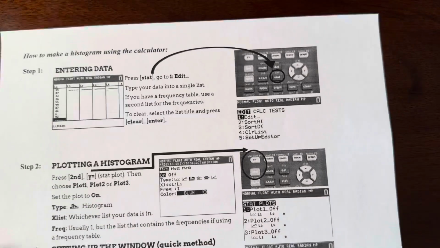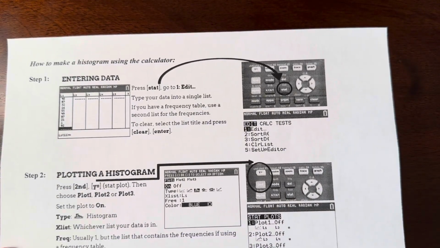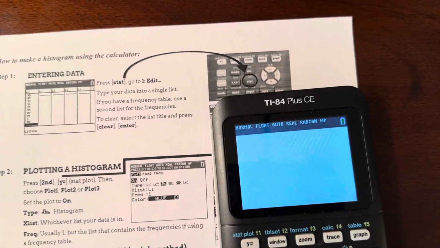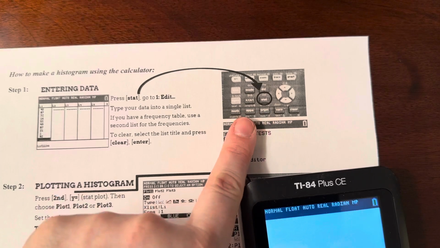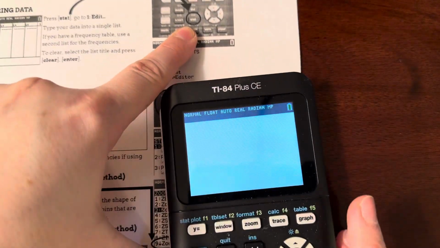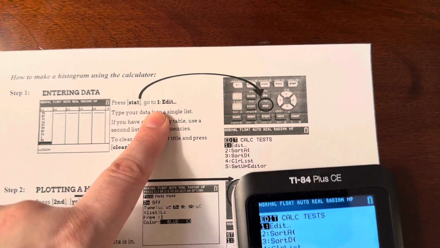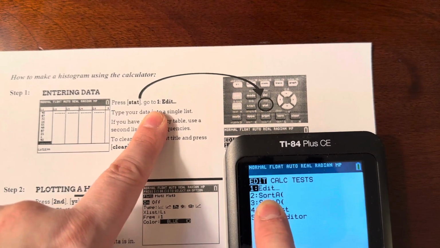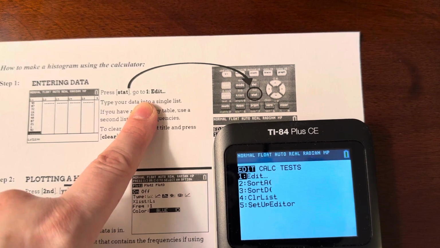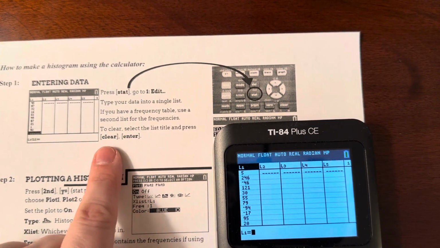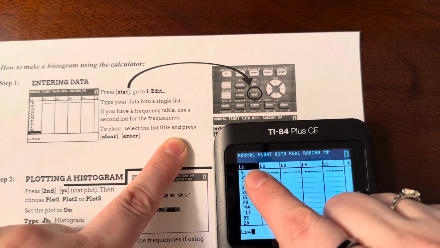Now, if you need directions for how to get a histogram using the calculator, we would turn our calculator on. Go to the stat section, hit enter on edit. So edit is option 1 right here. And I'm going to clear this out. So to clear, go up to the list title.